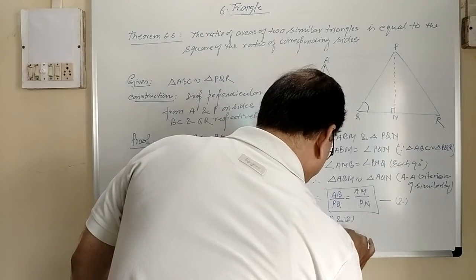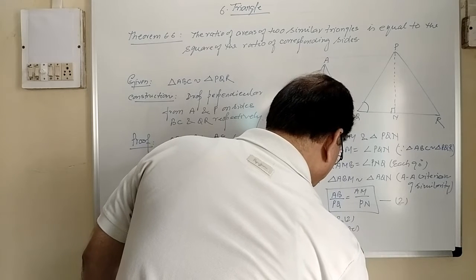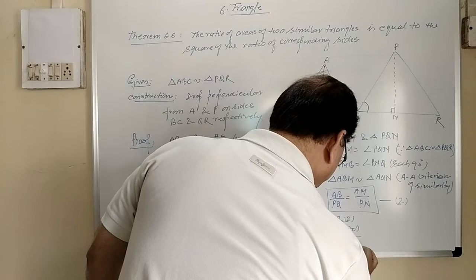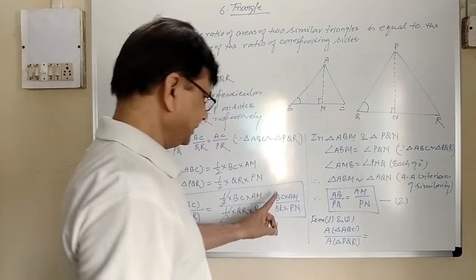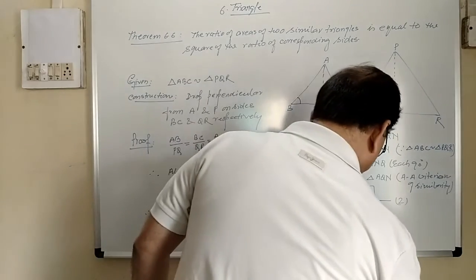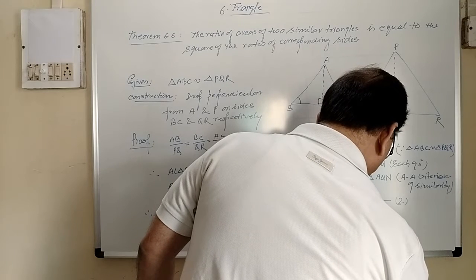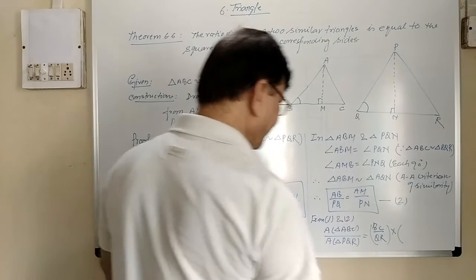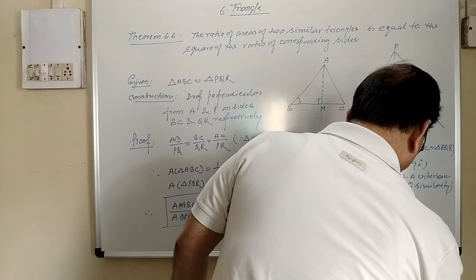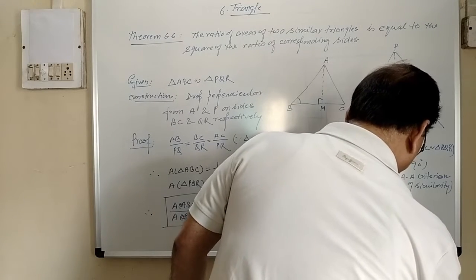Area of triangle ABC upon area of triangle PQR is equal to BC upon QR into AM upon PN.